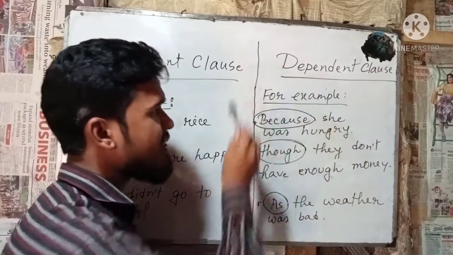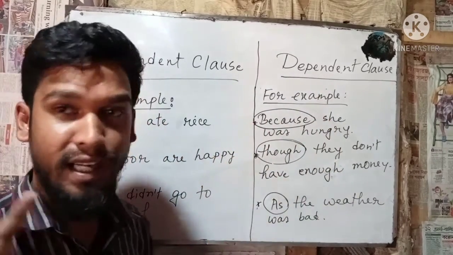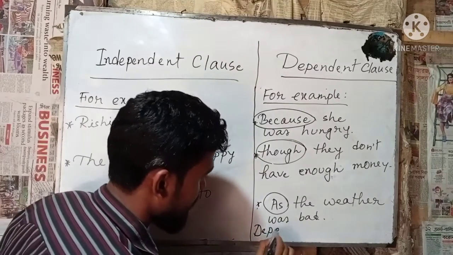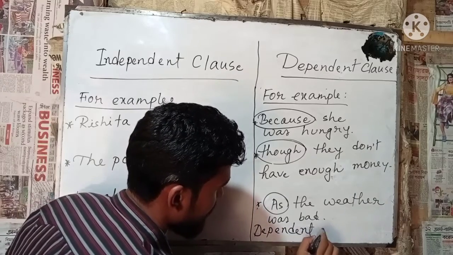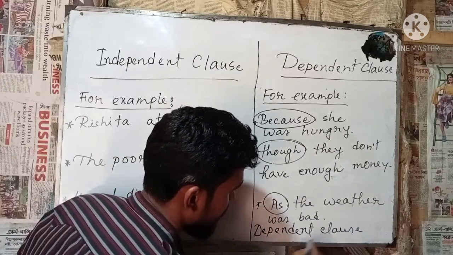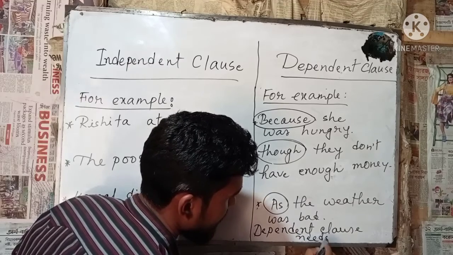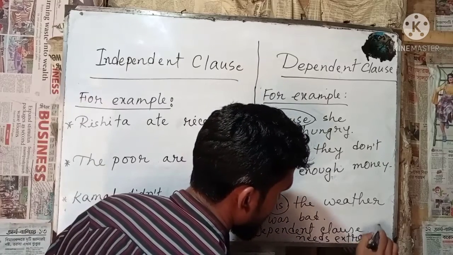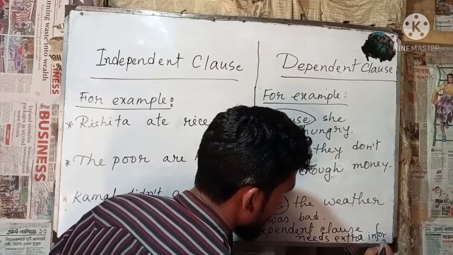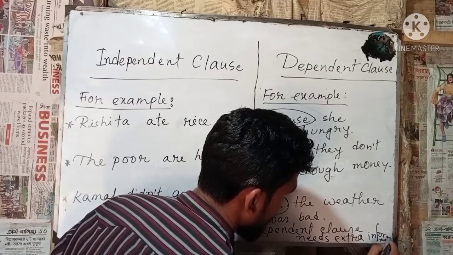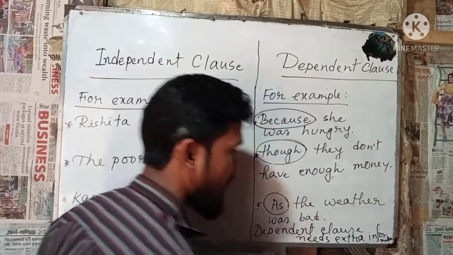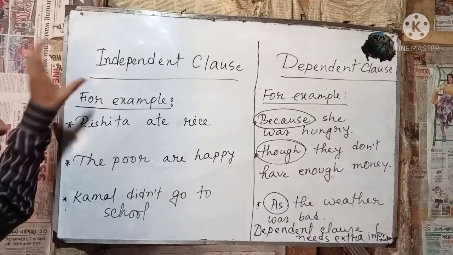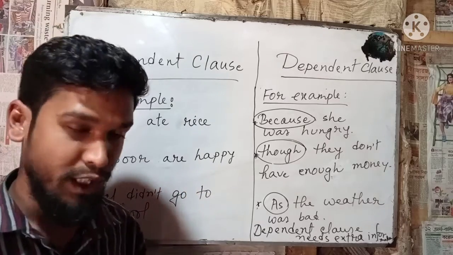So we can say a dependent clause needs extra information, but independent clauses don't need extra information.